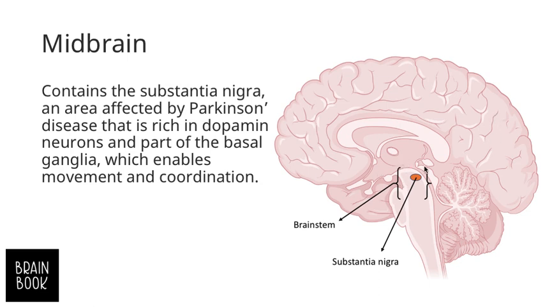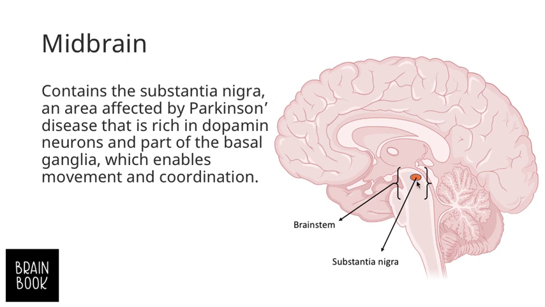The midbrain contains some parts that are named substantia nigra. These parts contain dopaminergic neurons that play a very important role in Parkinson's disease. And when the cells here, the dopaminergic neurons, degenerate and lose their activity, it's susceptible to face Parkinson's disease.